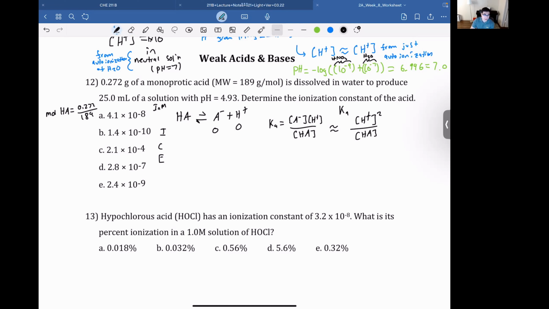Grams divided by molecular weight. And the molarity of HA is equal to the moles divided by the liters of solution. Right? 25 milliliters is 0.025 liters. Don't mix that up.